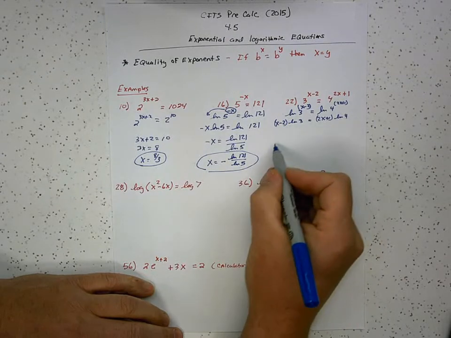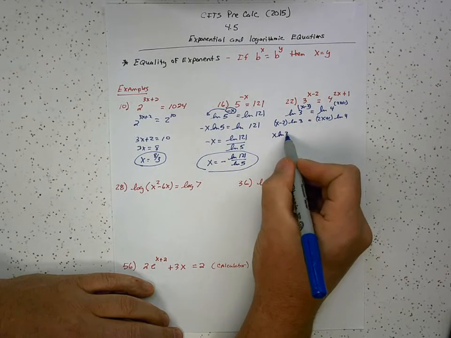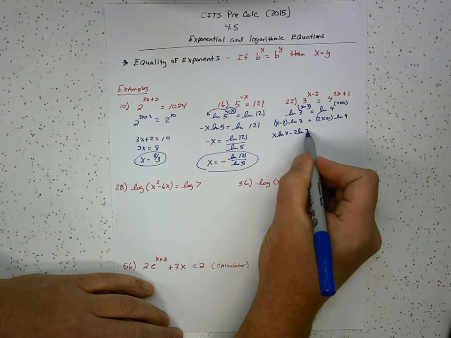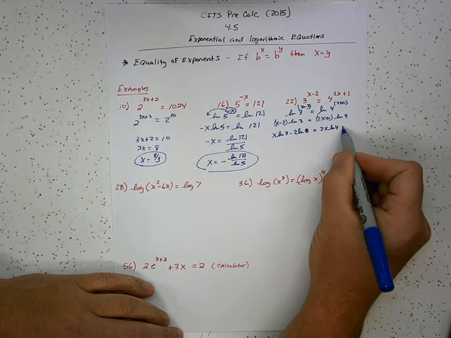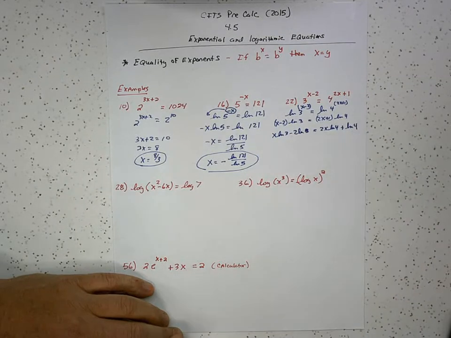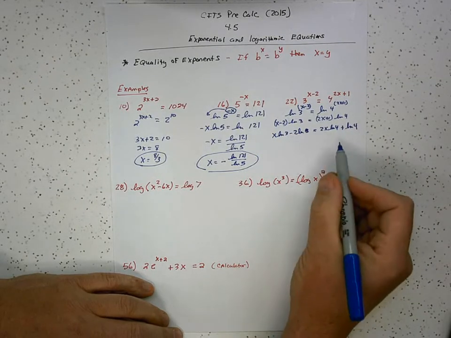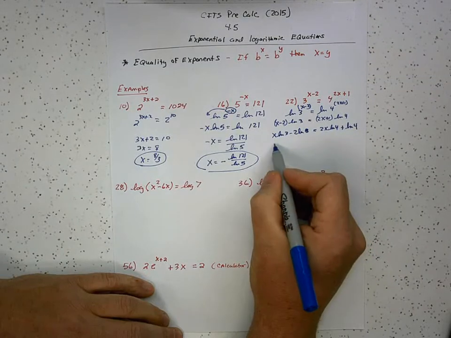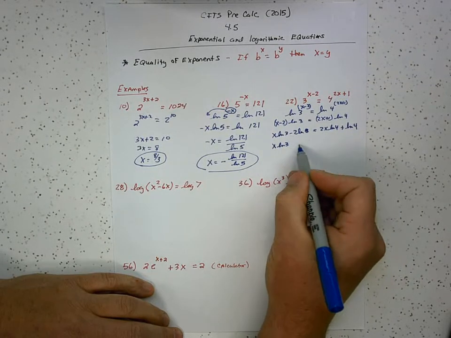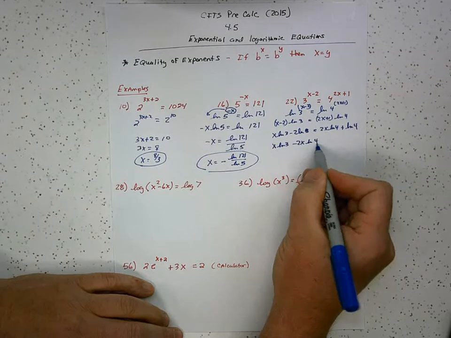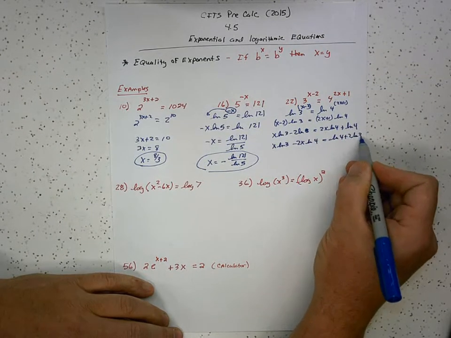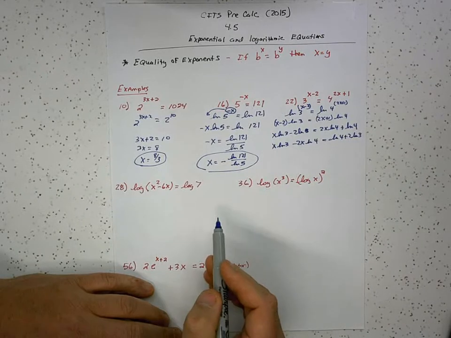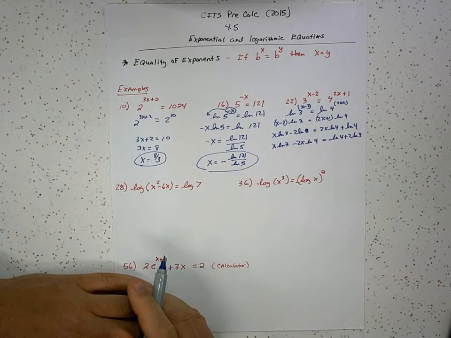So I need to multiply this log of 3 through. Now, I need to get everything with the x's on the same side. So I'm going to get x log of 3 minus 2x log of 4 equals the log of 4 plus 2 log of 3. I move anything without an x to the right and bring everything with an x to the left.